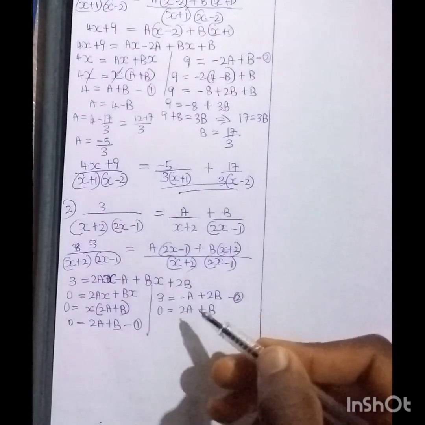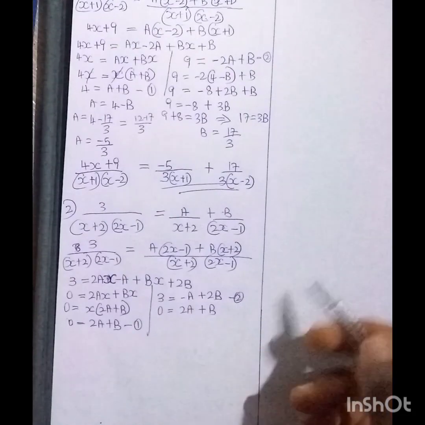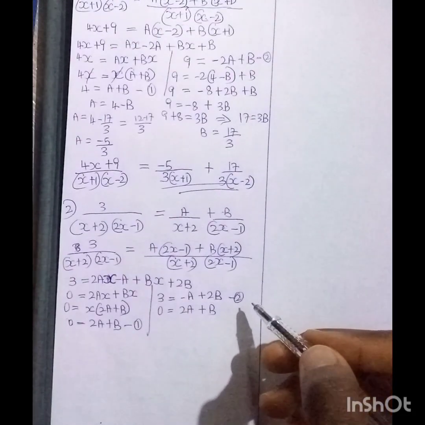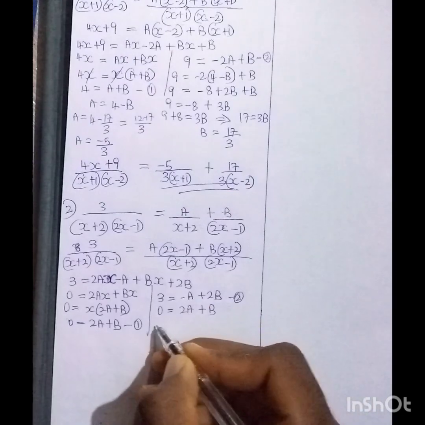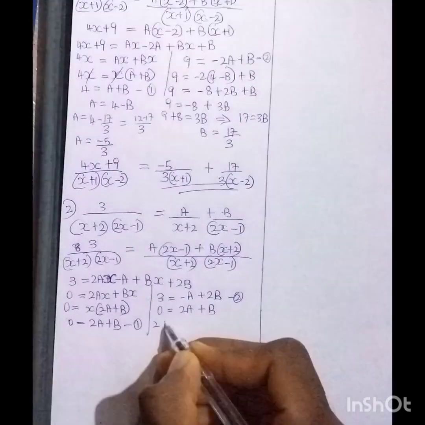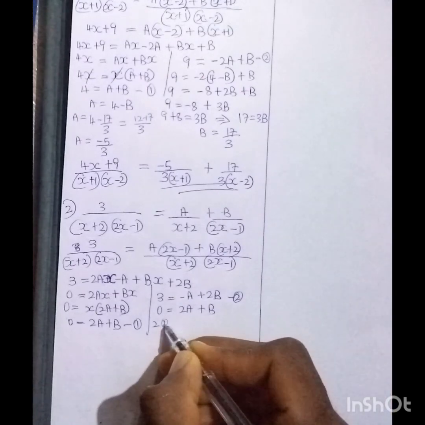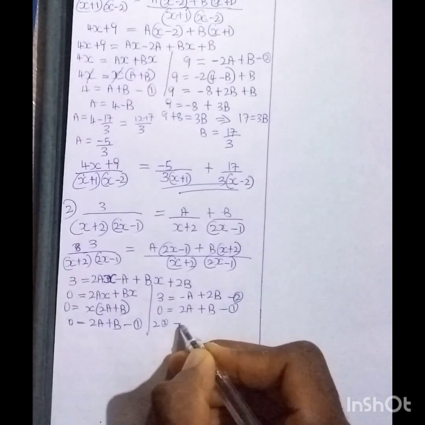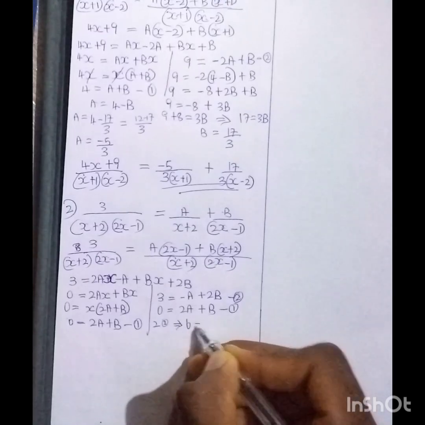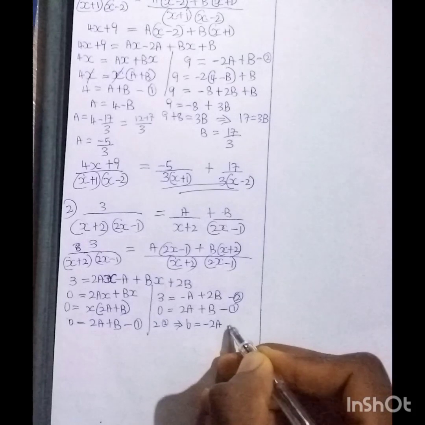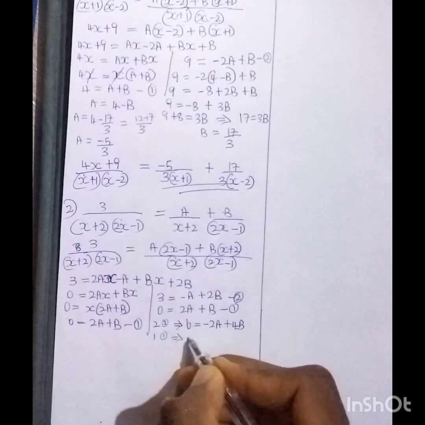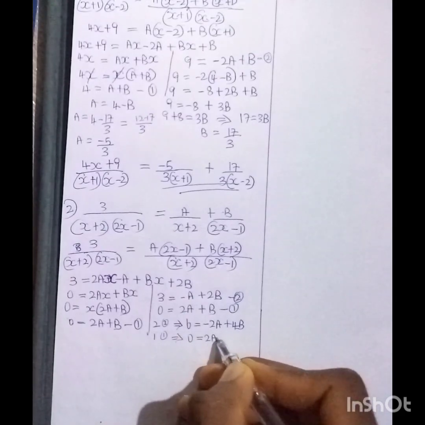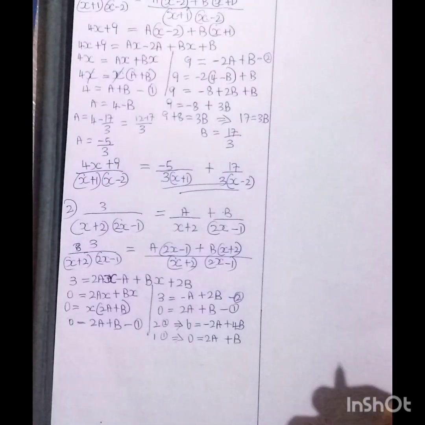Let's make a the same so that we can eliminate, this is the elimination method. 2 times equation 2, this one is equation 2, this one is equation 1. 2 times equation 2 gives us 6 equals minus 2a plus 4b, and 1 times equation 1 gives 0 equals 2a plus b.